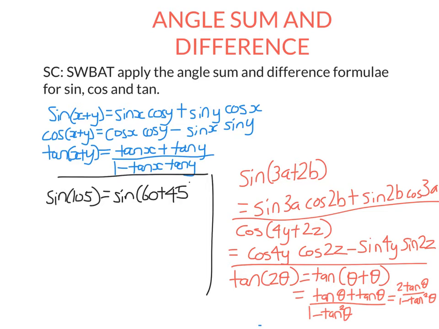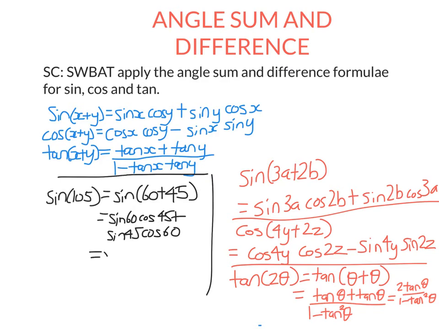Using the first rule up here, that's just going to be sine of the first, cos of the second, plus the other way around, sine of the second, cos of the first. I know sine of 60 is equal to root 3 on 2, and cos of 45 is equal to 1 on root 2.